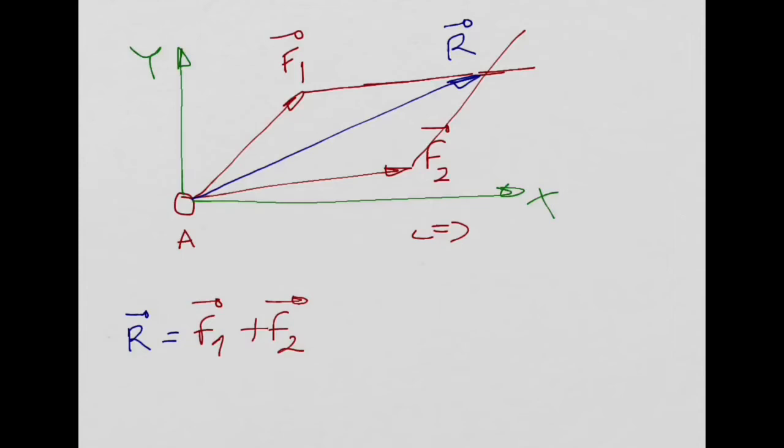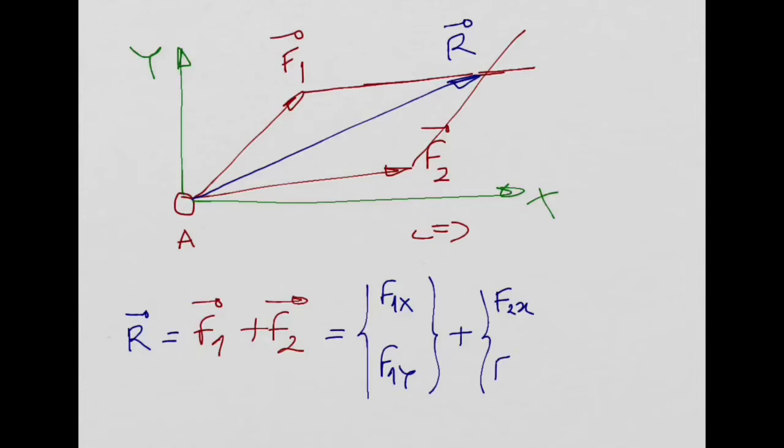I can say that this resultant is going to be the addition of vector F1, which will be F1x, component in the x direction, plus F1y, plus vector F2, which will have a component in the x direction and a component in the y direction.